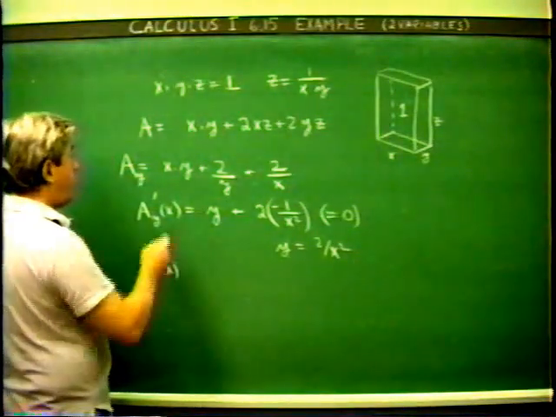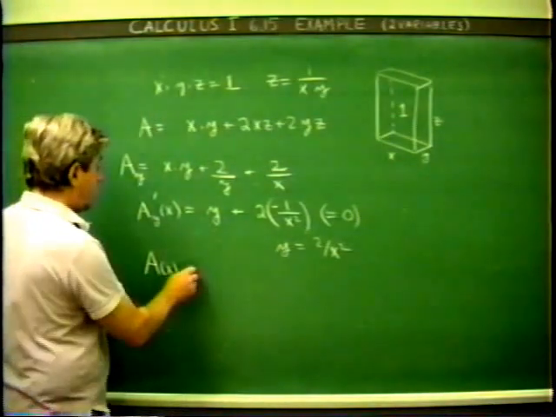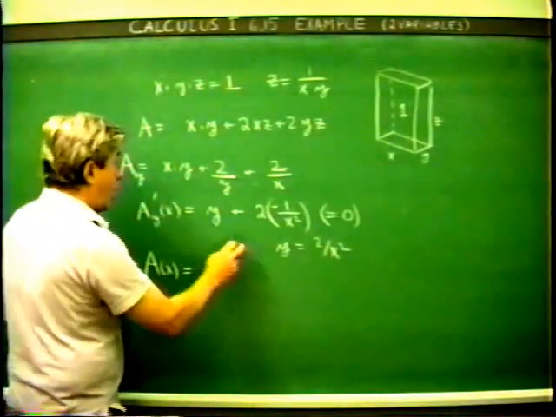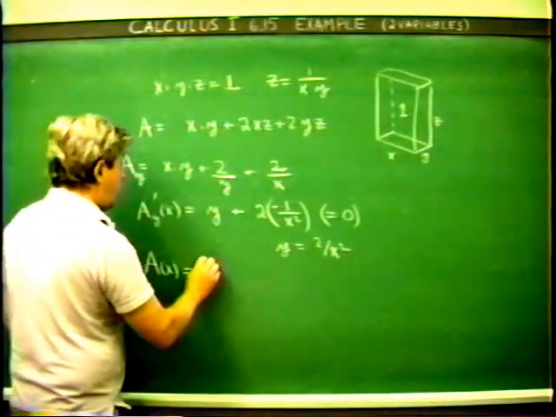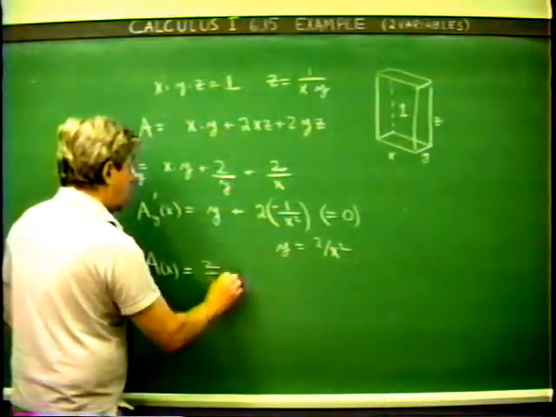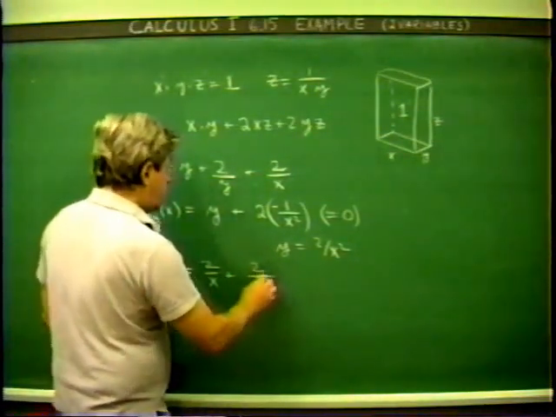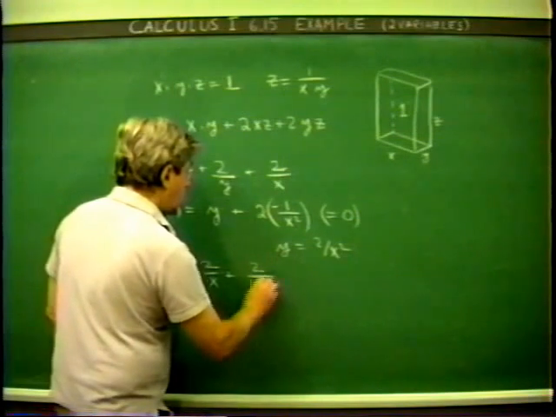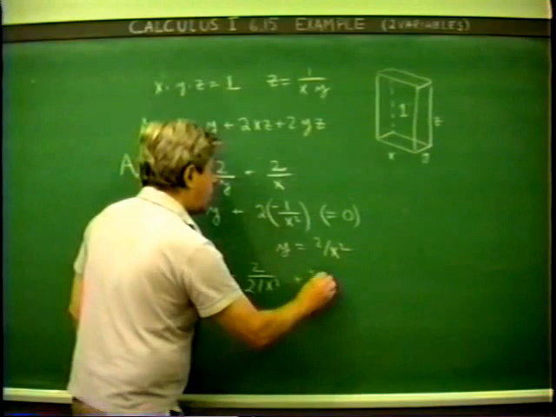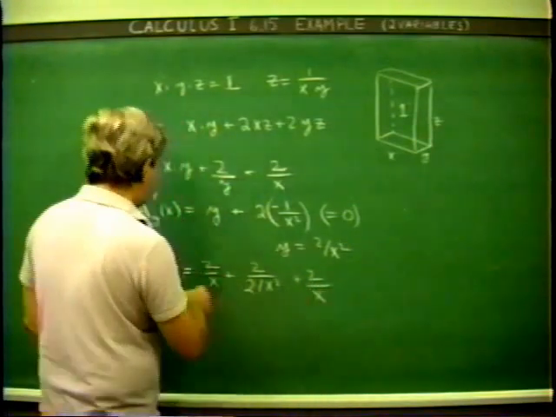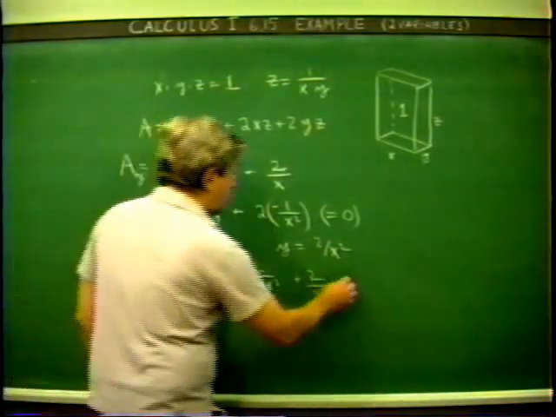All right, and so this then tells us the value of y where this is minimal. So if we now put this back in here for y, we will then have one function, A of x. All right? And if we find out where it's minimal, that should tell us the dimension x that we should use for this box. So this is going to be equal to, y is 2 over x squared, so x times y is 2 over x, plus 2 over 2 over x squared, plus 2 over x.